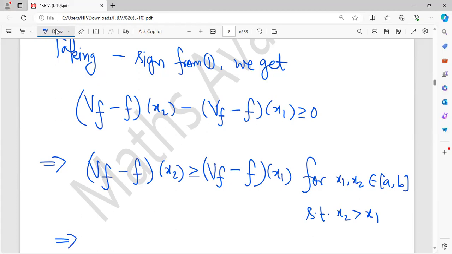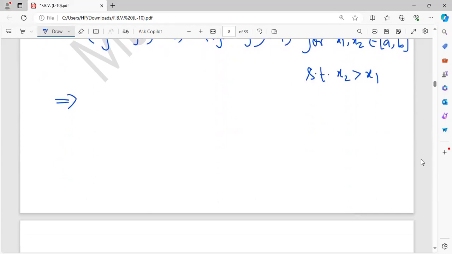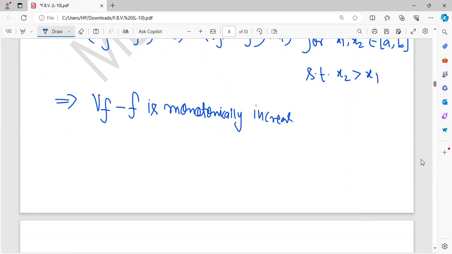This implies V_f minus f is monotonically increasing on the closed interval [a, b].